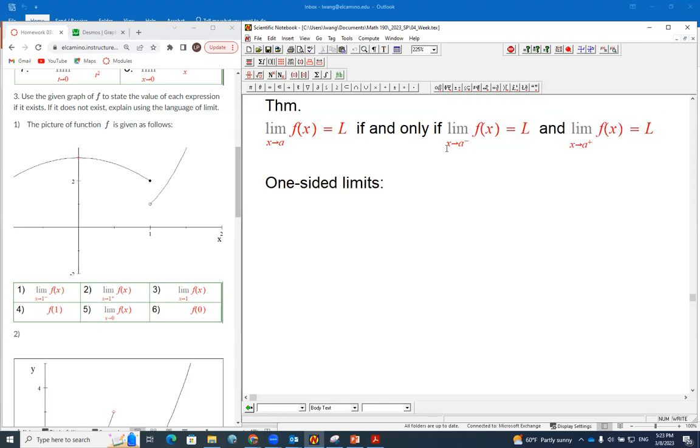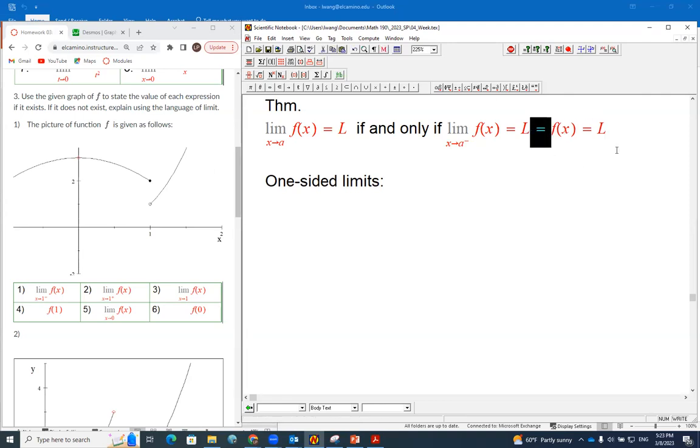What I mean is that x, the input, approaches the number from smaller than the number, and the other one is the input approaching the number from larger than the number, and these two must be the same. So oftentimes with this theorem, the if and only if implies that this limit exists and it is L, and the second limit exists and it is L, and these two limits are the same.